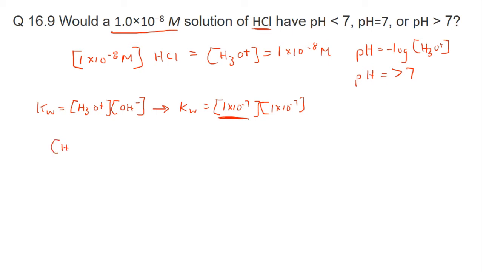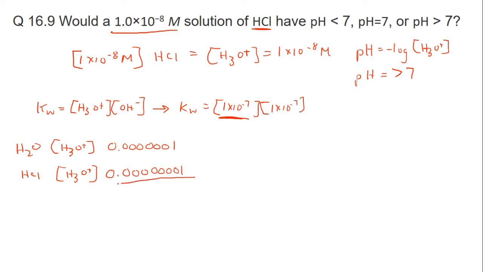Here's our hydronium concentration from water, 1 times 10 to the minus 7, and from HCl, 1 times 10 to the minus 8.